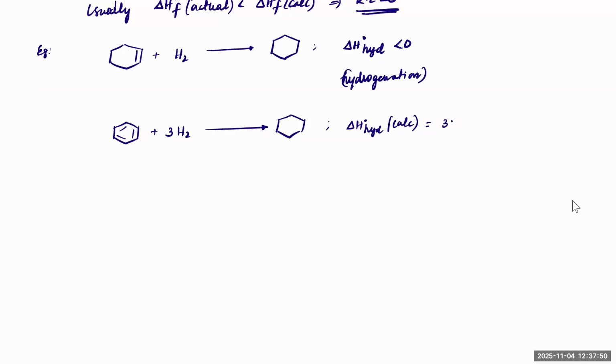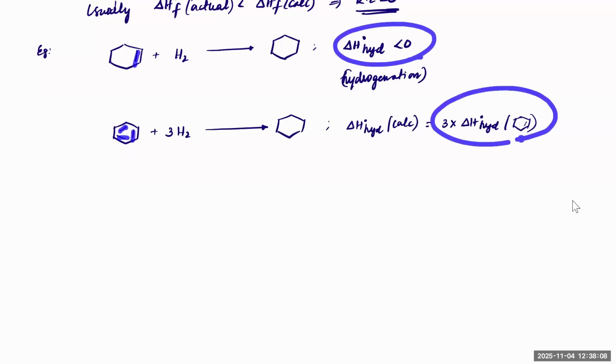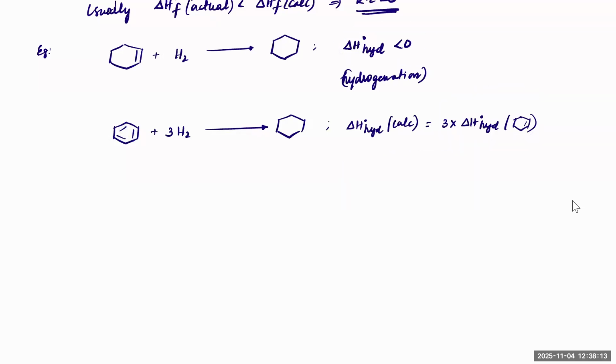We expect that we are adding 3 times the delta H of hydrogenation of cyclohexene, because for 1 mole, I mean for 1 pi bond, this much amount of energy is released. For 3 pi bonds, how much amount of energy will be released? Theoretically, this much is supposed to be released. But practically, resonance energy will be equal to this much amount of energy released, right?